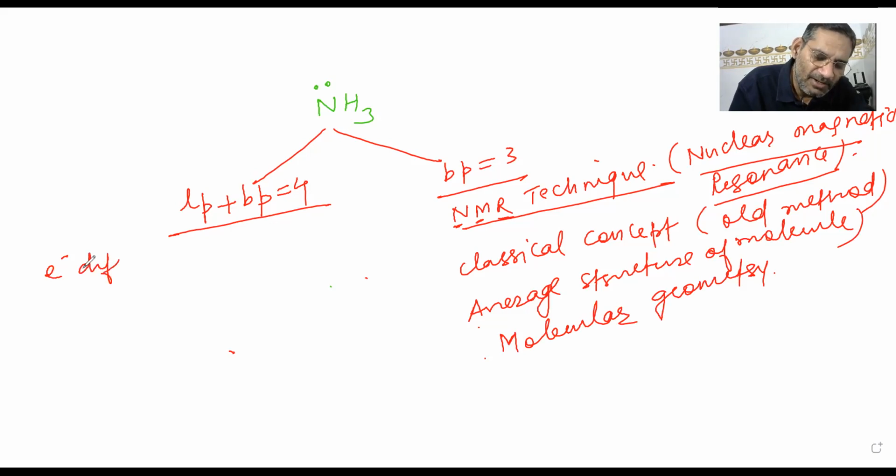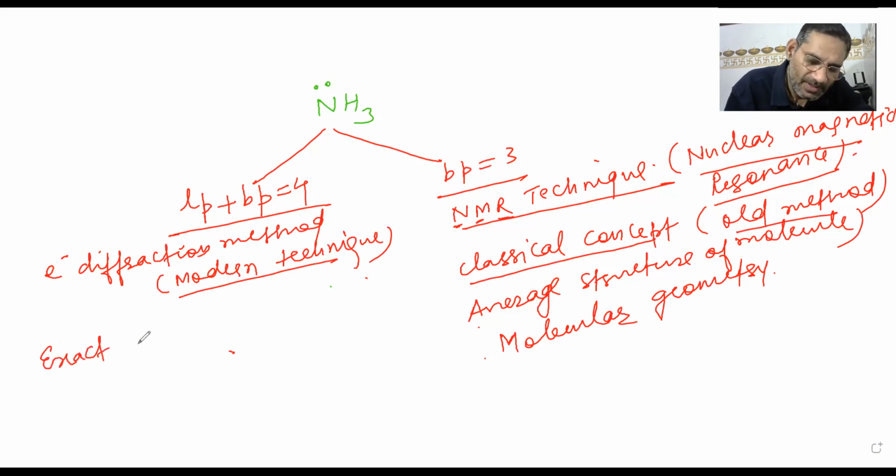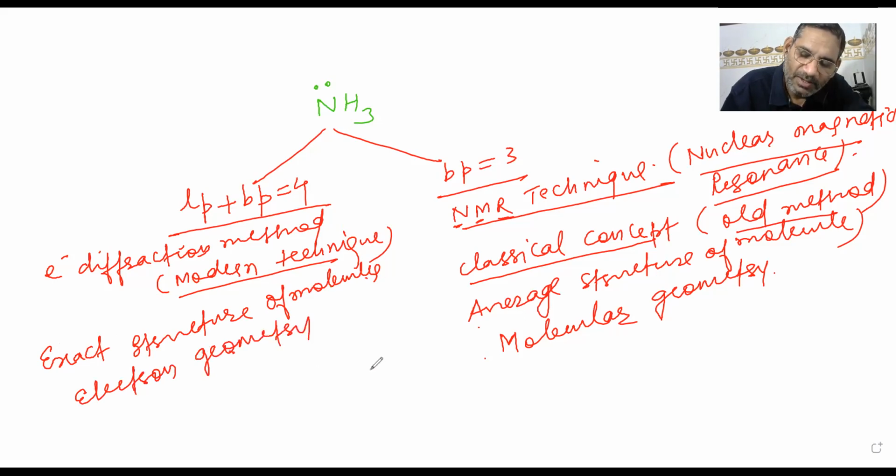This is the electron diffraction method, a modern technique. Electron diffraction is modern, this one is classical. This will give the exact structure of the molecule, that is electron geometry. It was molecular geometry, and here it is electron geometry.